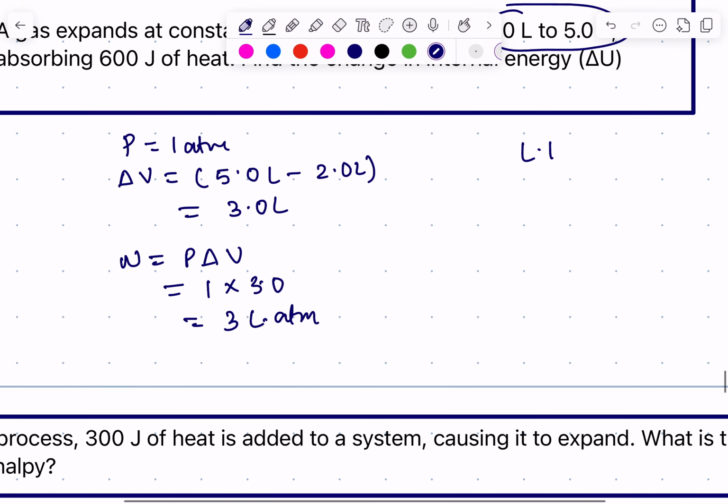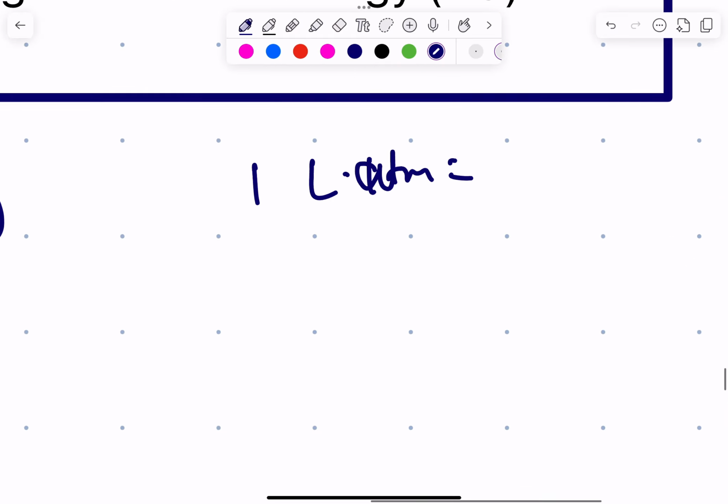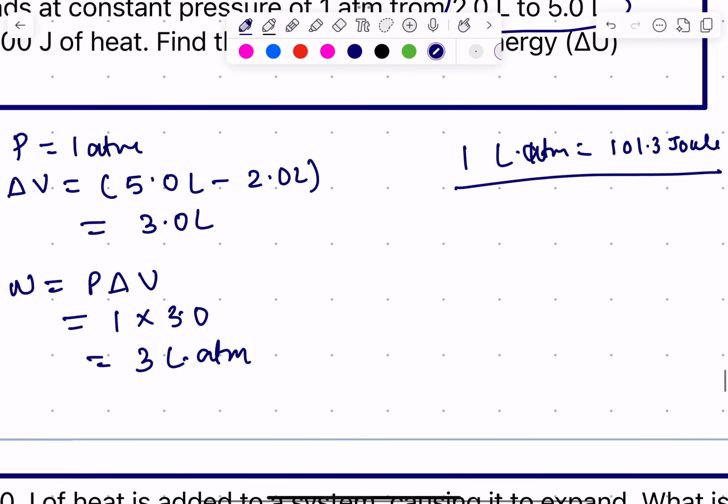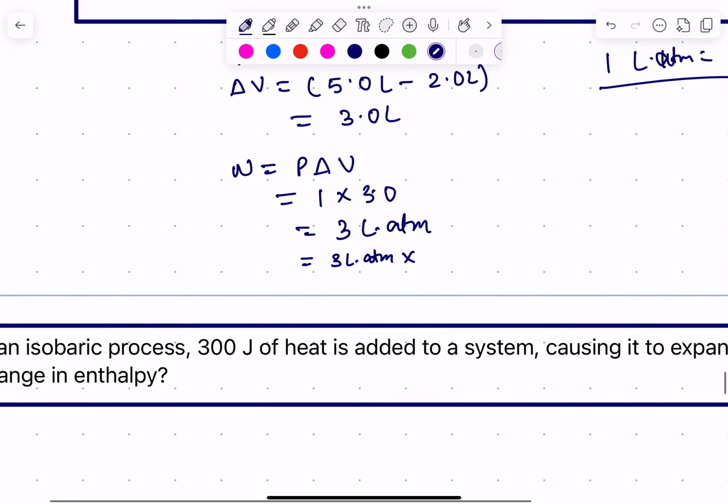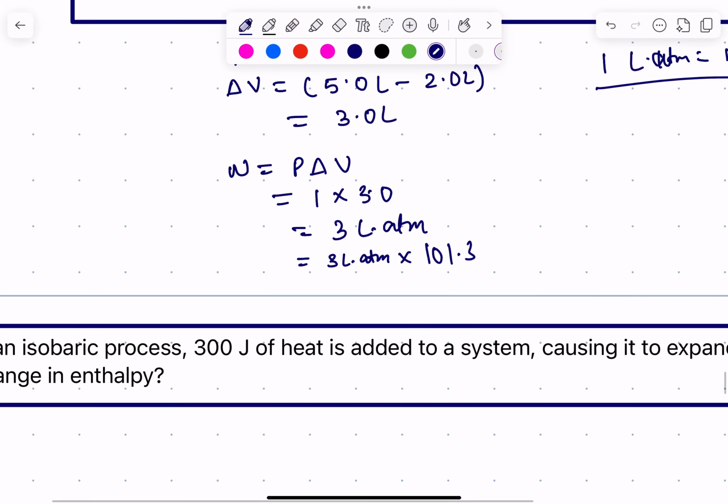So 1 liter atm is equal to how much, Hardeep? Hardeep, you're sleeping? No, sir. Where are you?